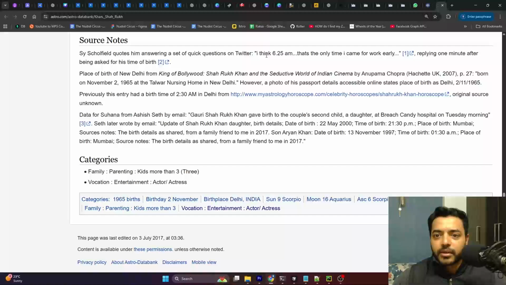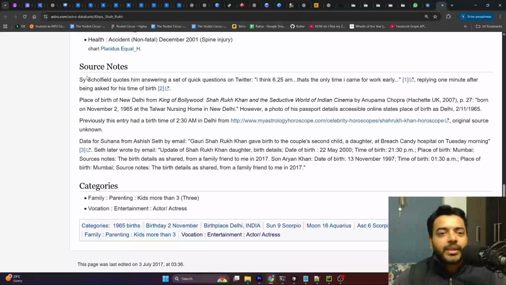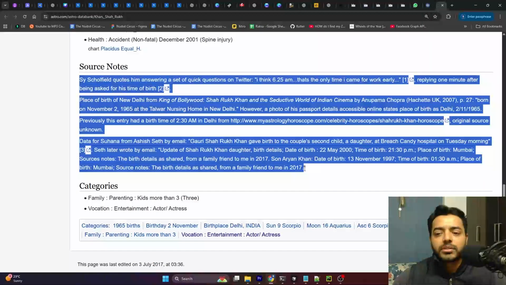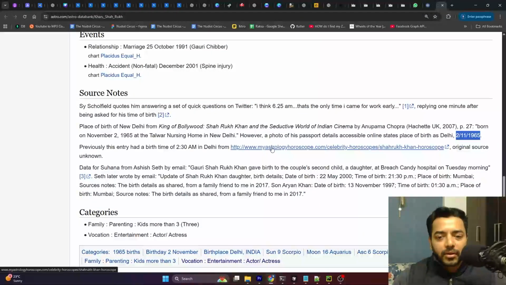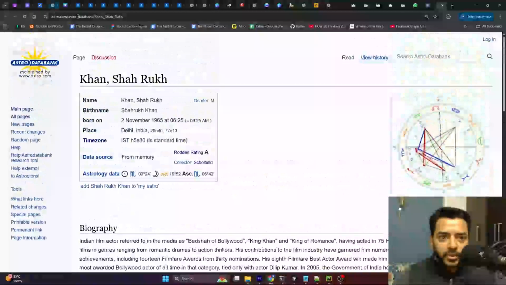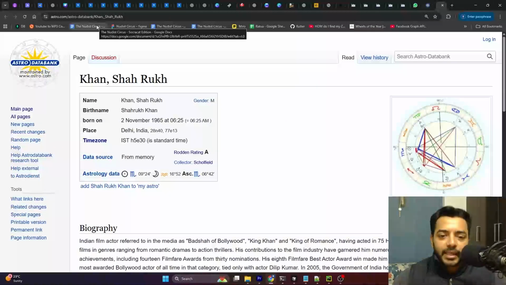So it gives you some details about who collected it, who said it is an accurate date, accurate time of birth, right? Most of the time the dates are also wrong online. So always use Astro Data Bank to get the details of celebrity birth dates.